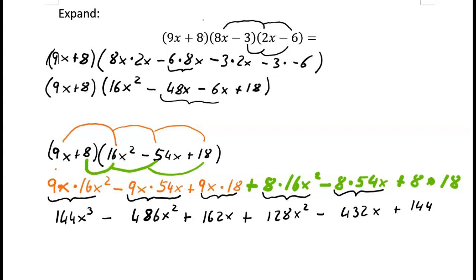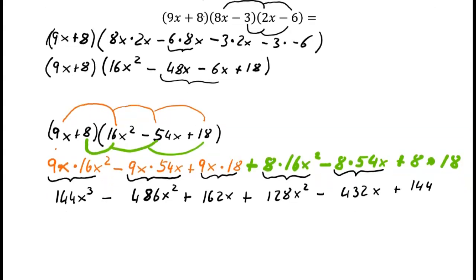So now we need to simplify this expression a little bit by combining terms. So we've got the first term that we can't do a lot, 144x cubed. Then we've got here an x squared, and we've got here an x squared.